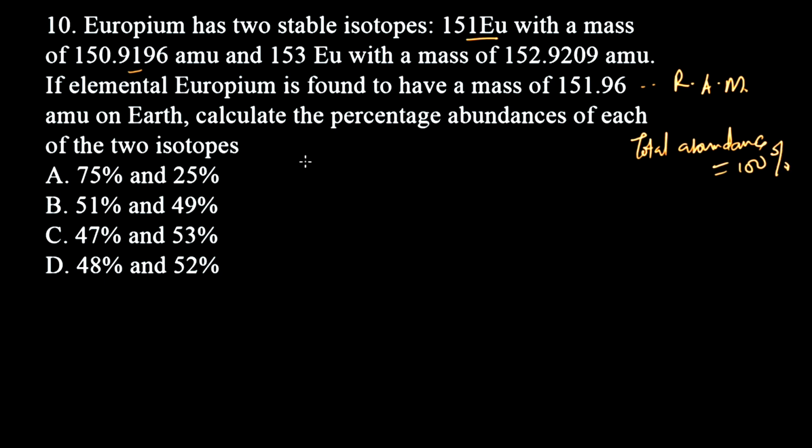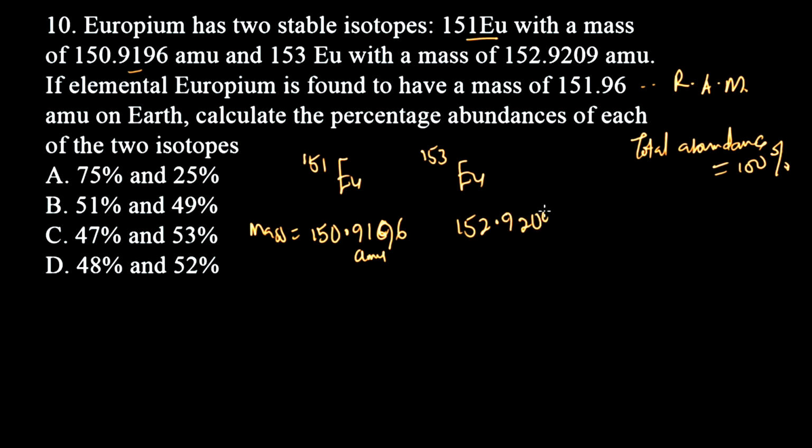So we can therefore say that we have 151 Eu and 153 Eu. So the mass was given to be 150.9196 AMU, and for this we have it to be 152.9209 AMU, right?